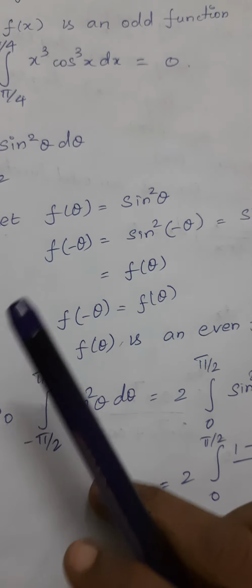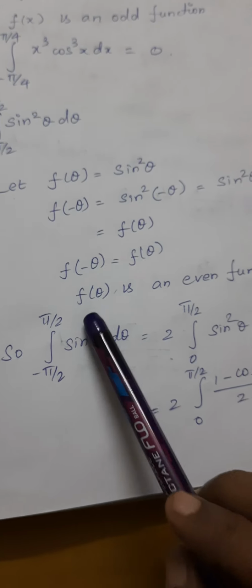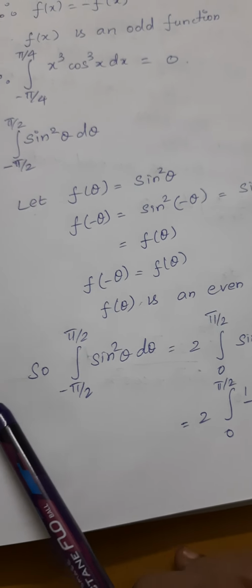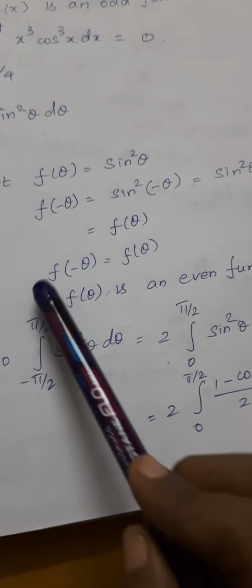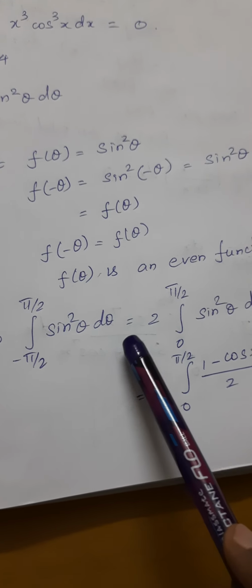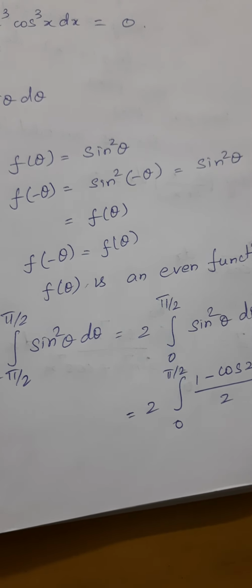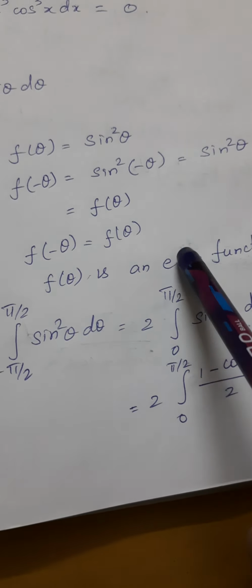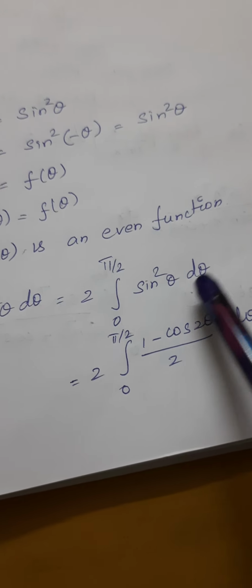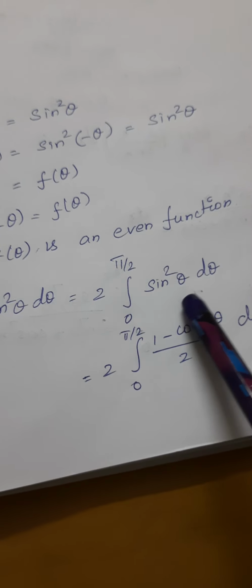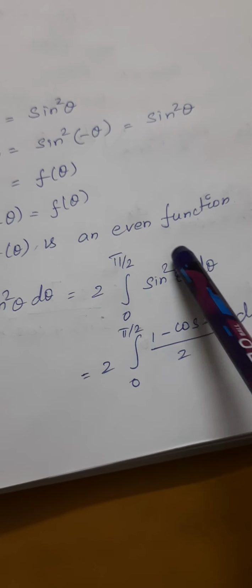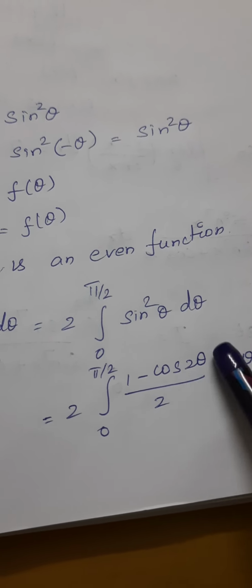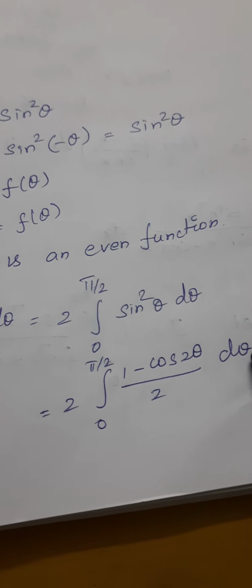One property is proved. The next one, here f of theta is an even function, therefore integral minus pi by 2 to pi by 2 sine square theta d theta is equal to 2 into integral 0 to pi by 2 sine square theta d theta. Here this sine square theta, by using the identity we can write it as 1 minus cos 2 theta by 2 d theta.